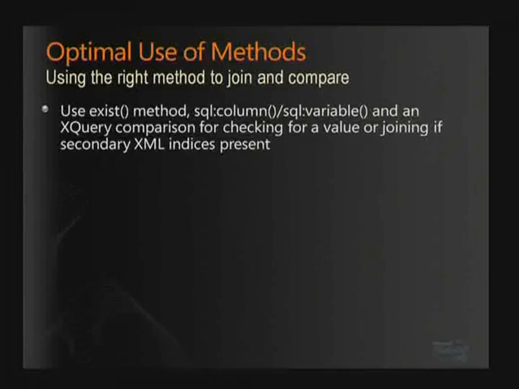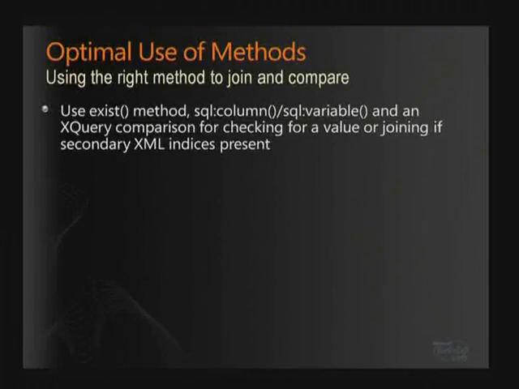Now, another thing that you might see is that you have join comparisons. You might want to use a join that you have seen previously in the demo, where I join my contact info. And there are 2 ways of doing the join. One way is to use the value method to extract the value into the relational context, and do the comparison in the relational context. Or I can use my SQL column function and move the relational value into the XML context.